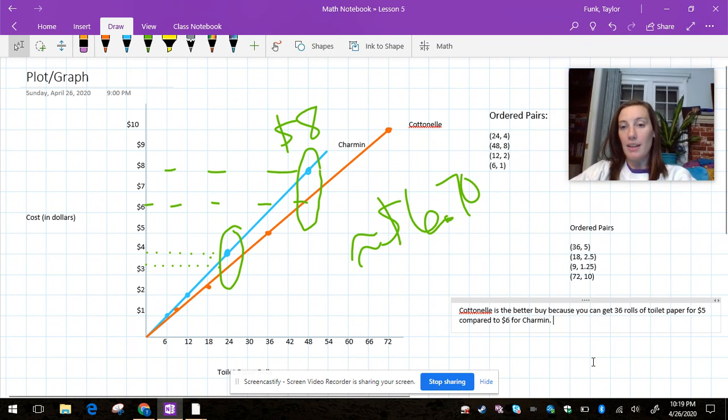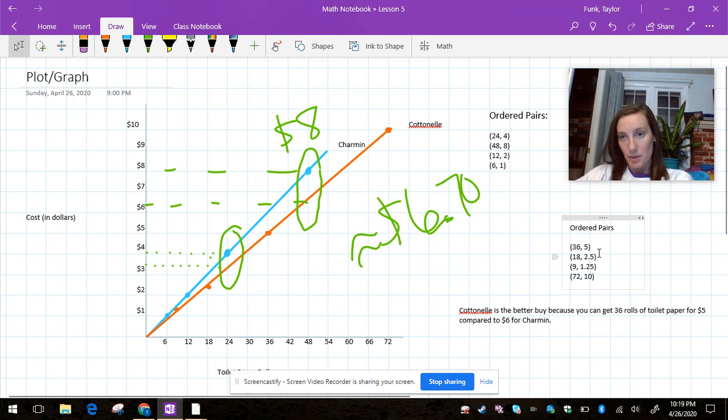The wording doesn't have to be exactly like that, but you want to explain where you got those numbers.